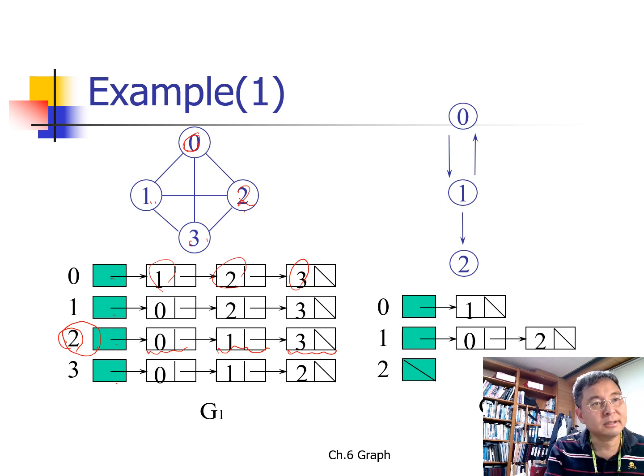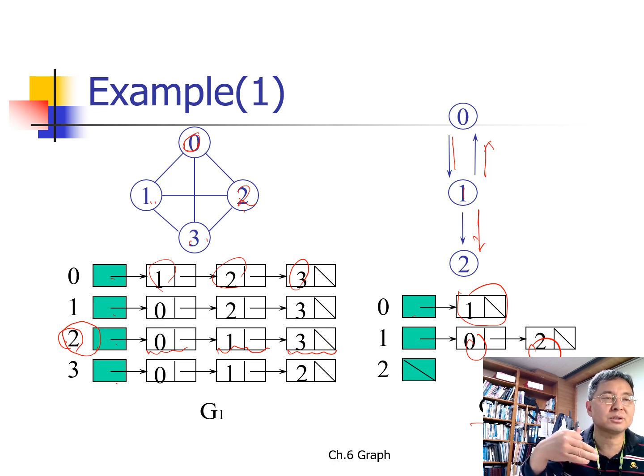Okay, so this G3 was a digraph. For a digraph, we can also represent it using a linked list. Vertex 0 has only one outlink. Okay, and for 1, there are 2 outlinks. So 0 and 2 are outgoing edges from vertex 1.